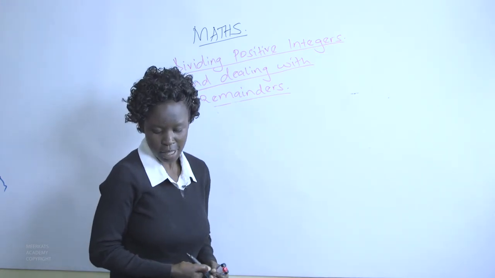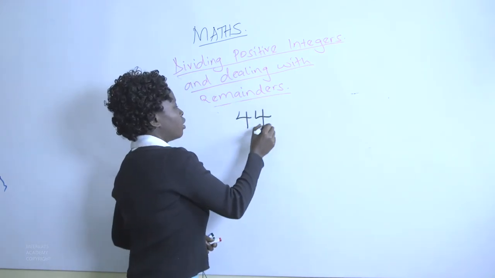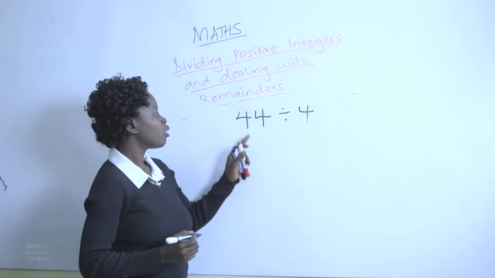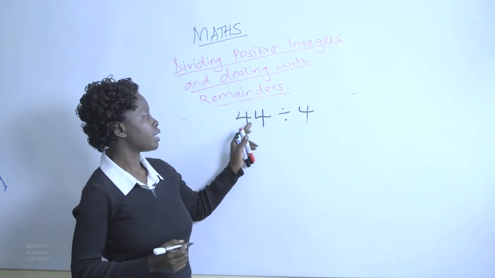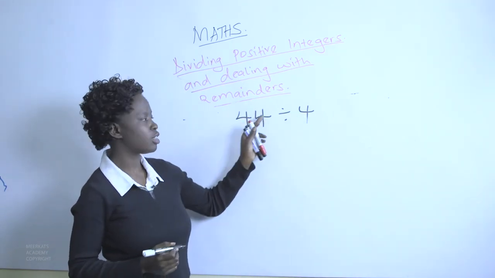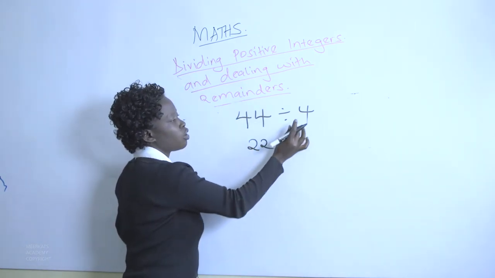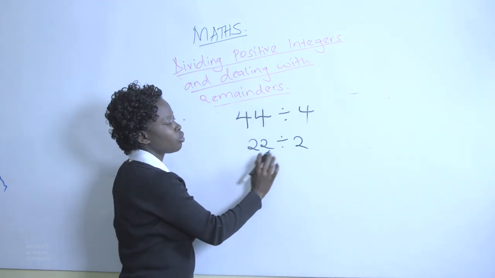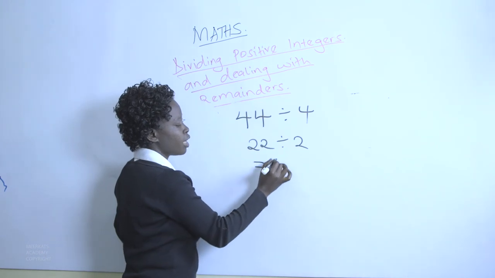For instance, if I'm having 44 divided by 4, 44 is an even number, 4 is an even number. So I can decide to half the two digits, so that when I have 44, I'll get 22, and when I have 4, we get 2. So you're simply having 22 divided by 2, and 22 divided by 2 simply gives us 11.